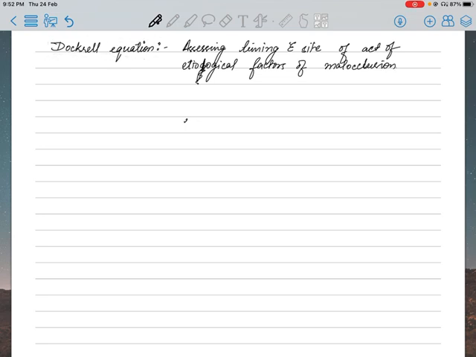Okay, it is also known as Moyer's equation or Moyer's classification. जो Moyer's classification होता है ना, that is based on the Dockrell equation जो Dockrell ने दिया था, and it is a brief expression of development of any and all dentofacial deformity.